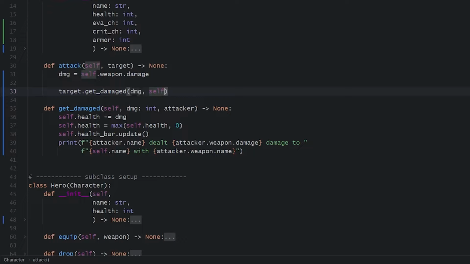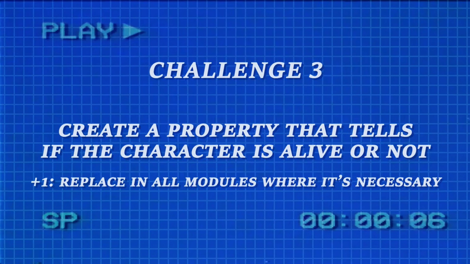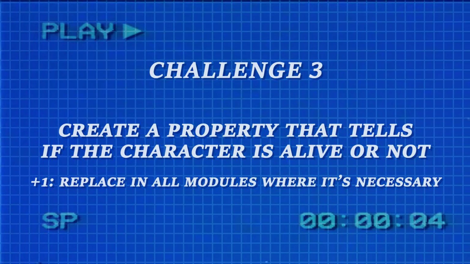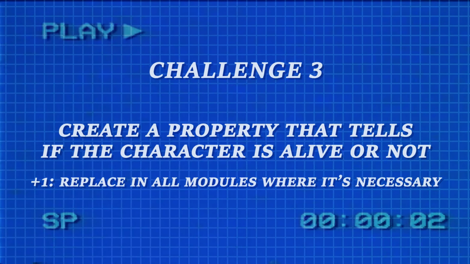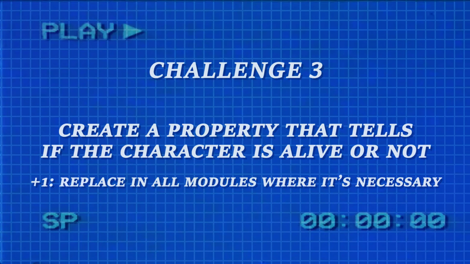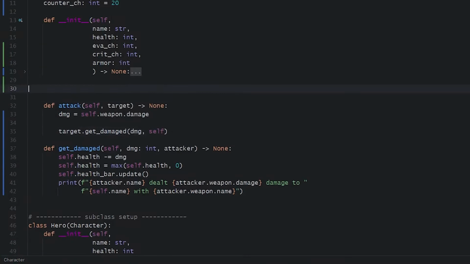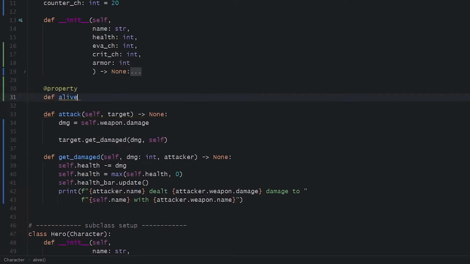Now that we kinda know how properties work, I have a quick challenge for you. Create a property for the character class that tells us if the character is alive or not. Pause the video and give it a try. Just like with the weapon, we create a property but we name it alive and it will return a boolean.